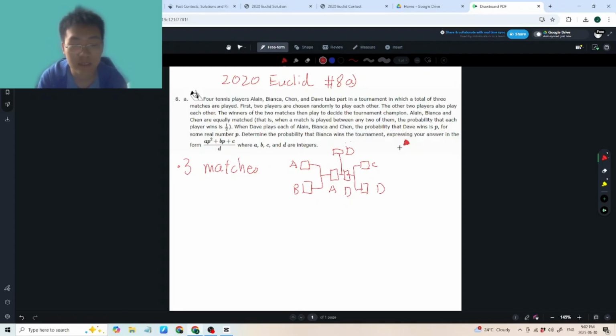When Dave plays against A, B, and C, the probability that Dave wins is P, for some real number P. The important thing to remember about probability is that it's always between 0 and 1. So we already know there is a restriction on P, which is that it's greater than or equal to 0, less than or equal to 1. All probabilities are like that.